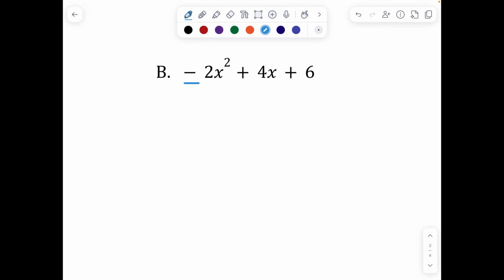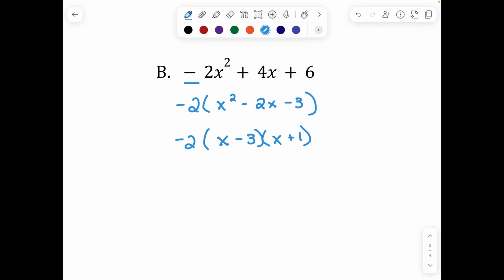And I can see that my greatest common factor is actually negative 2. So I'm going to have negative 2 times x squared minus 2x minus 3. So I'm going to factor x squared minus 2x minus 3 into x minus 3 times x plus 1. Make sure when we're factoring, we bring that greatest common factor into our answer.